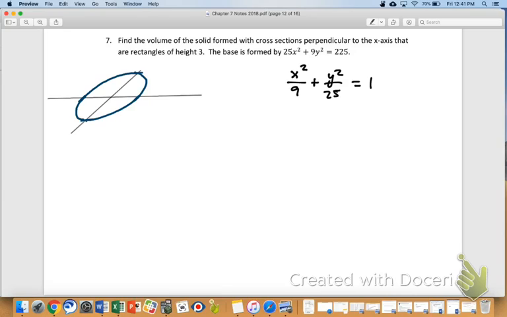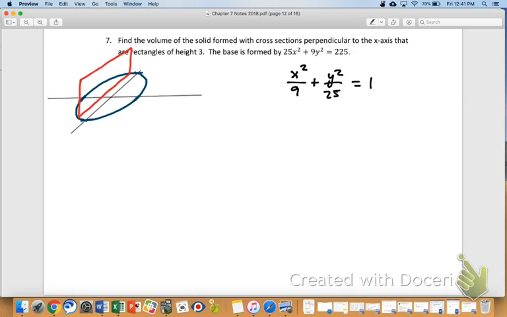Trying to make it look a little taller and skinnier than the circle did with the perspective. Okay, so please build some rectangular cross sections on that. Sketch it out real quick, just a very rudimentary sketch. Here is my cross section that's perpendicular to the x-axis. Maybe I'll put it right there. The height is 3. Something like that.